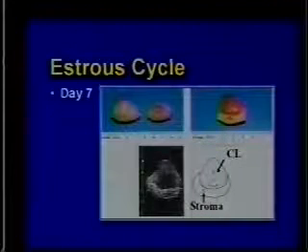On day 7, the corpus luteum has attained maturity. It's at its greatest size, probably 15, 18 millimeters in diameter. It feels actually like a piece of raw liver.